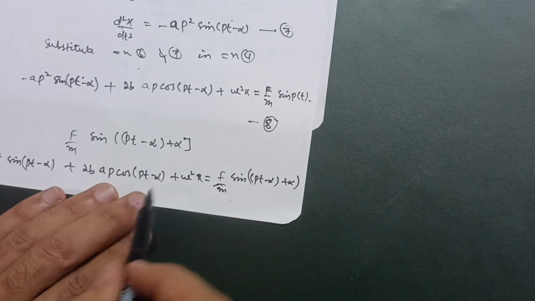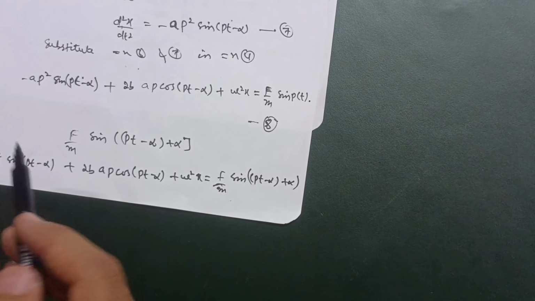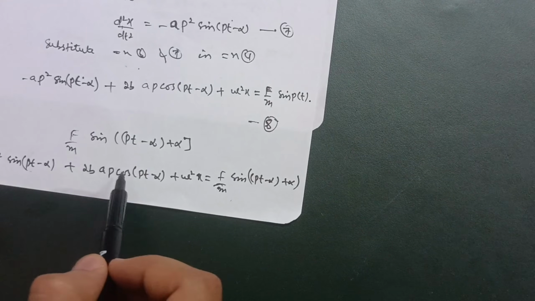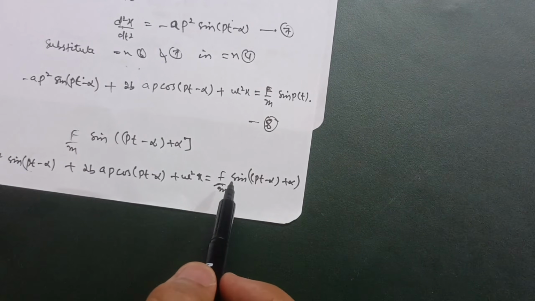Why did I modify it? Just because I was supposed to get pt minus alpha here as in the previous terms. You can observe here pt minus alpha, and now pt minus alpha. That is why I made this move.